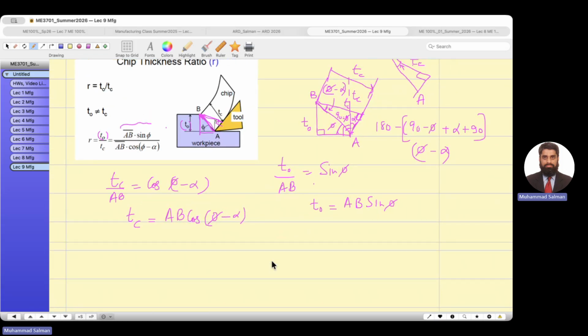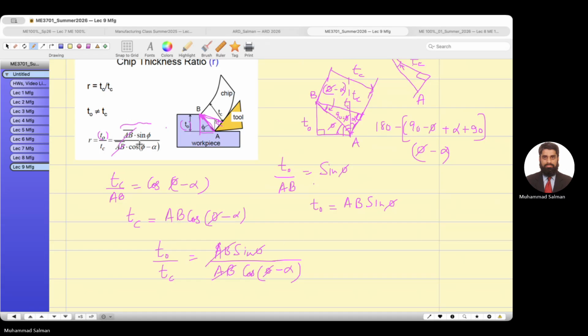So that's how you write it down. So T0 over TC equals AB sine phi over AB cosine of phi minus alpha. AB is cancelled, so this is the ratio. Do you understand that?